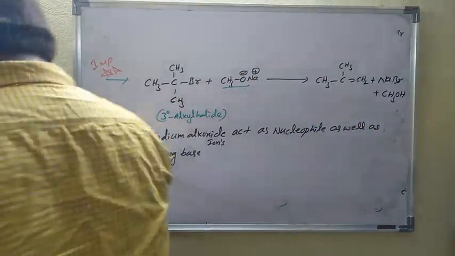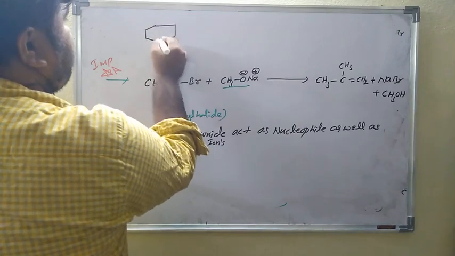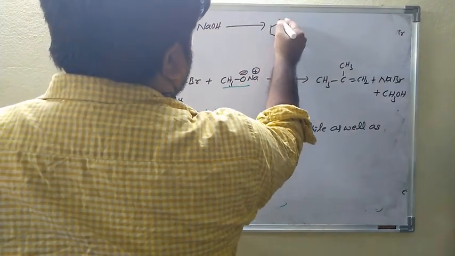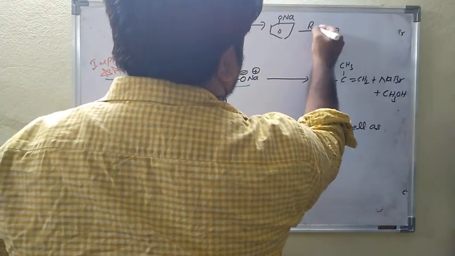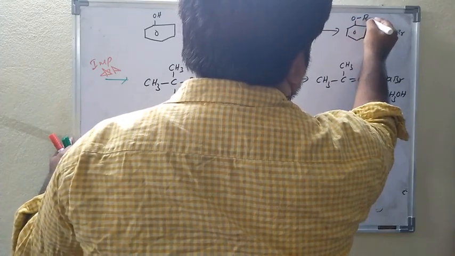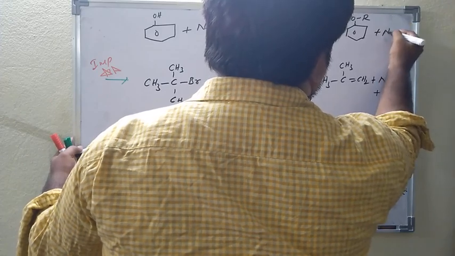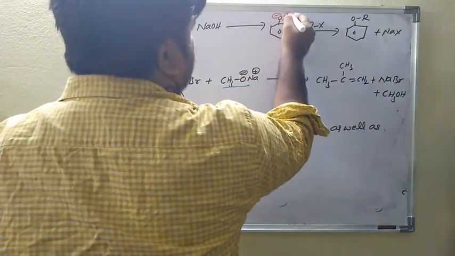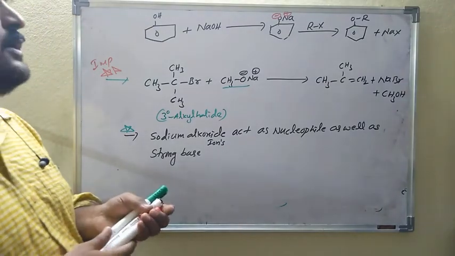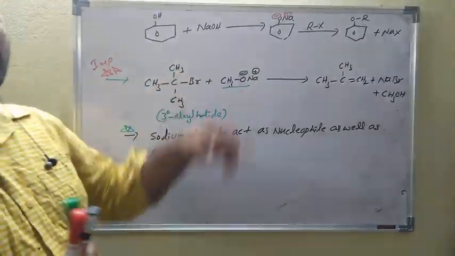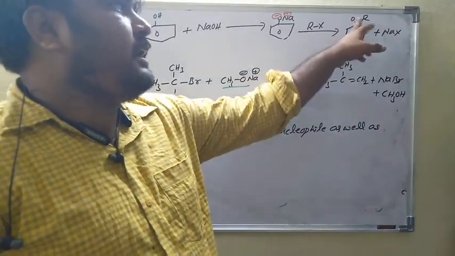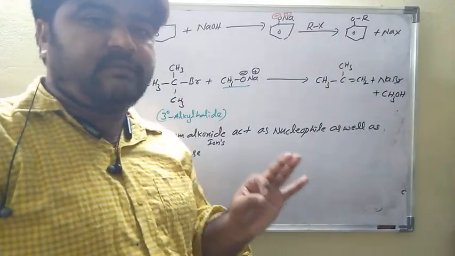Phenols also involve this method. Phenol reacts with sodium hydroxide to give sodium phenoxide, which reacts with alkyl halide to produce alkyl aryl ethers and sodium halide. Is it clear what the Williamson ether synthesis is?